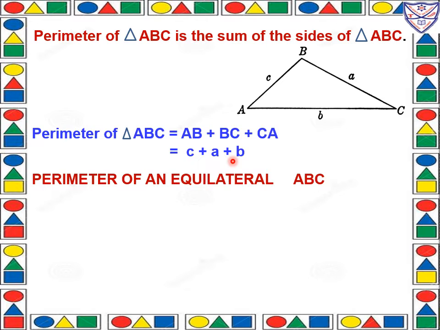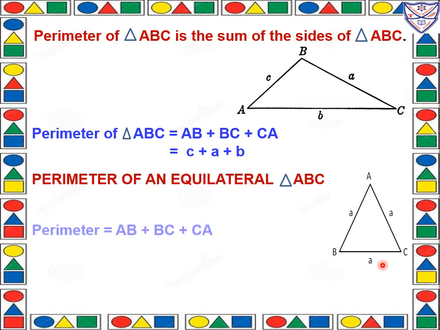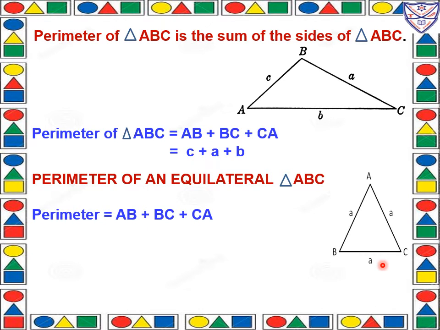Now the perimeter of an equilateral triangle, where all sides are equal. If AB equals 3 centimeters, in the same way AC equals 3 centimeters and BC is also 3 centimeters. The perimeter equals the sum of the sides: AB plus BC plus CA.